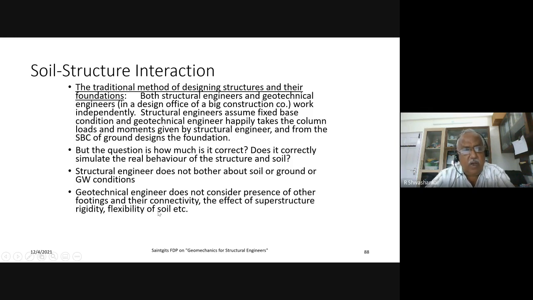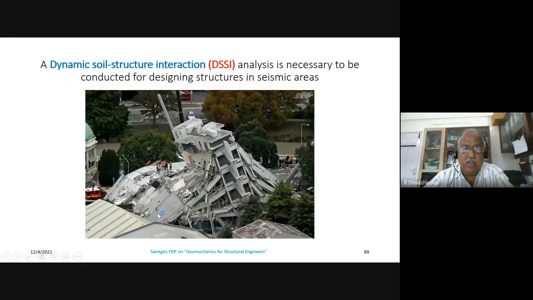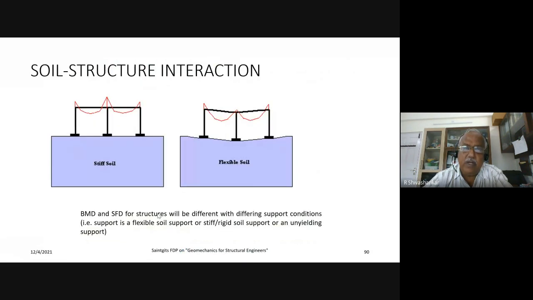Soil, as I said, is very complex. It is layered and it can vary horizontally also. This is one of the case studies in New Zealand, which failed, and the failure is attributed to not having considered the soil structure interaction, dynamic soil structure interaction under seismic load.